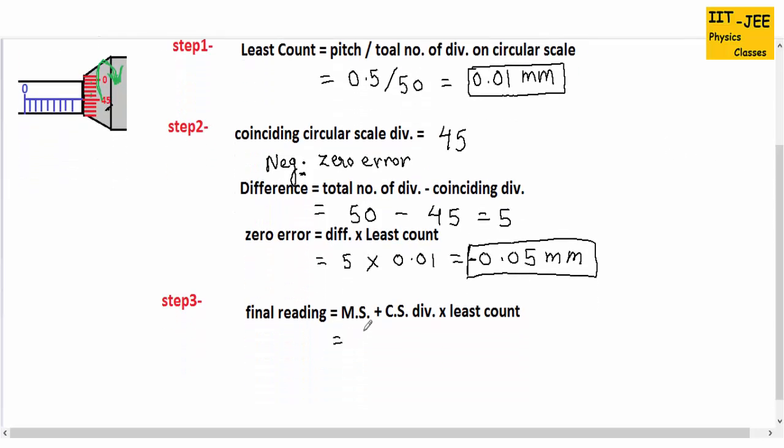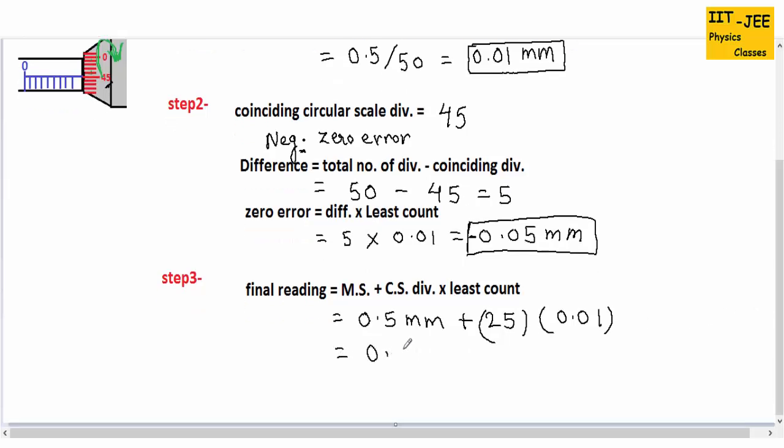So main scale reading is 0.5 millimeter plus 25 times 0.01 millimeter, which is the least count. So that will give us 0.5 plus 0.25, which is 0.75 millimeter. This is the final reading.